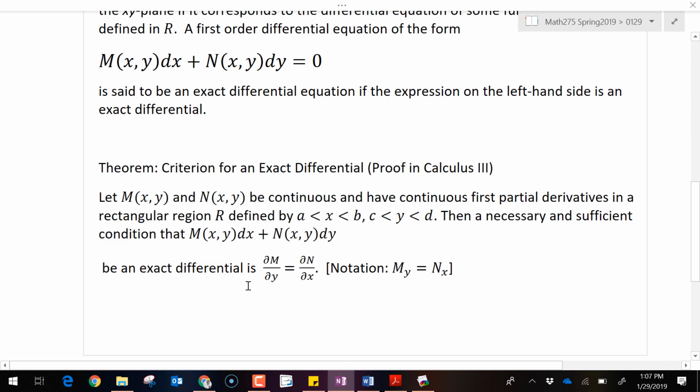But what we're going to want to do is when we see a differential equation like this, we want to be able to check to see if it's exact. Because if it is, then we're going to solve for it a certain way. So we need a criterion.